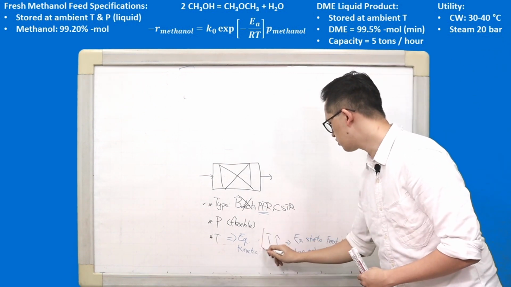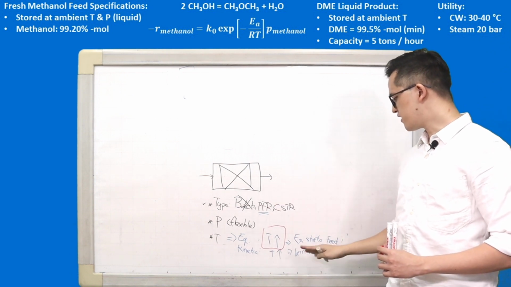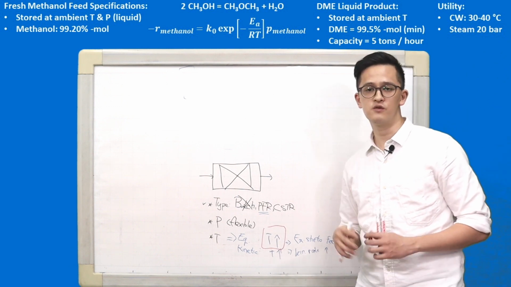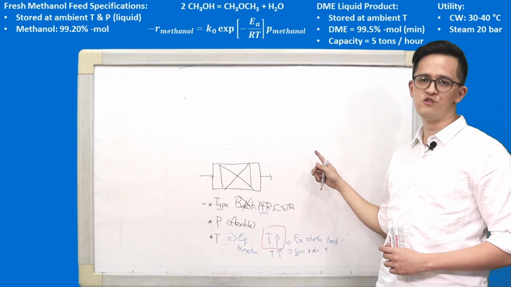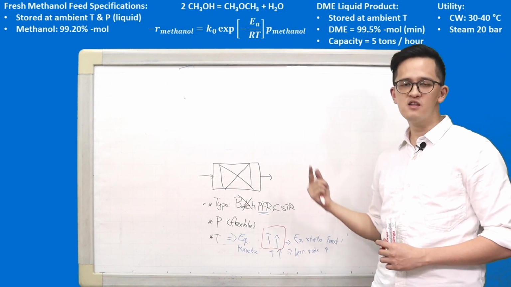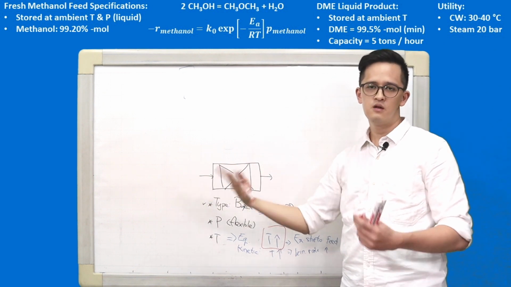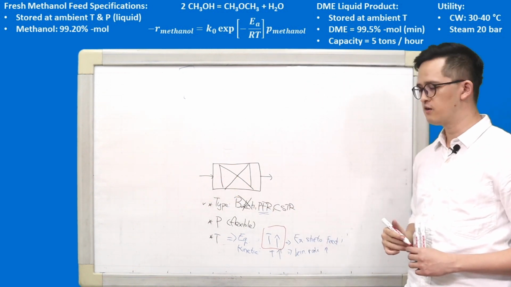We want to keep the temperature as high as possible. The kinetic rate is fast. The equilibrium cannot achieve the maximum, so the conversion cannot be 100%, but we can compensate by the addition of a separator, and the unreacted feed can be sent back to the reactor. As explained in the previous video, that's the generic structure of a chemical plant.